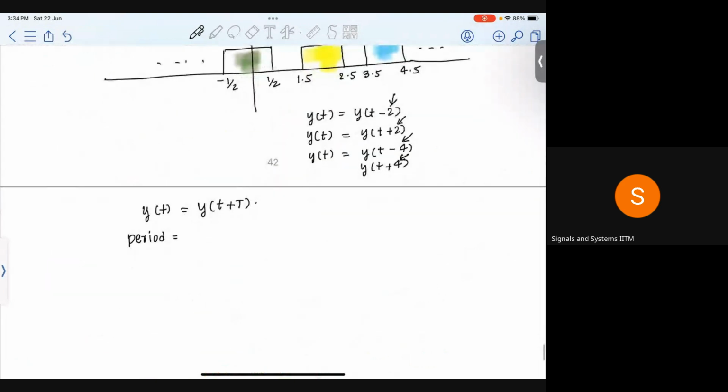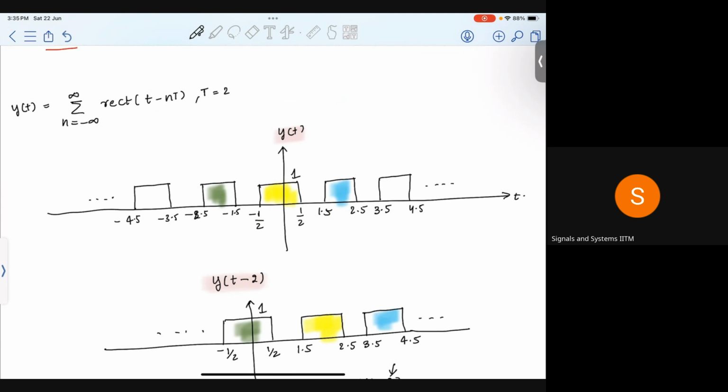The possible T's are minus 2, 2, minus 4, 4, minus 6, 6, and so on. For all these possible T's, we have y of t equal to y of t plus T. And the period is the mod minimum of all these values, which is simply 2. The period of this particular signal is nothing but 2.